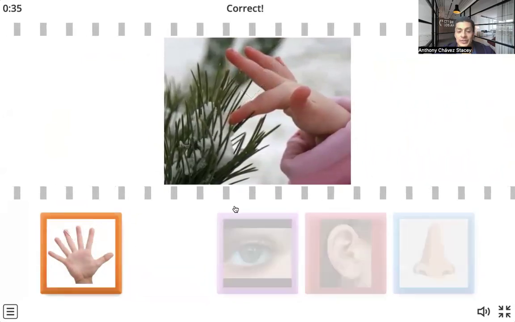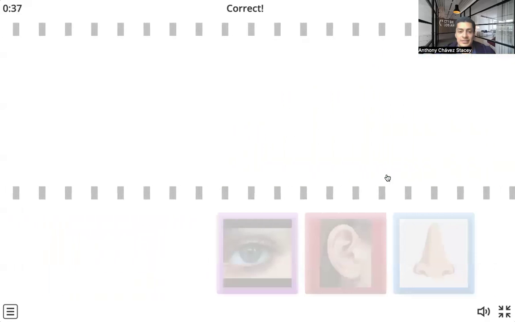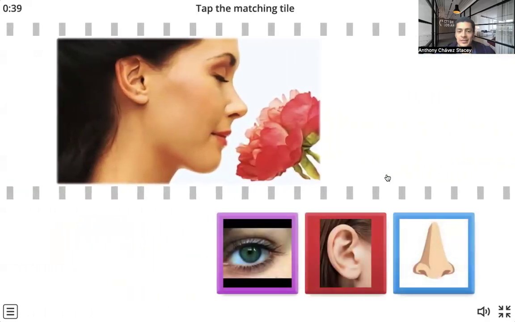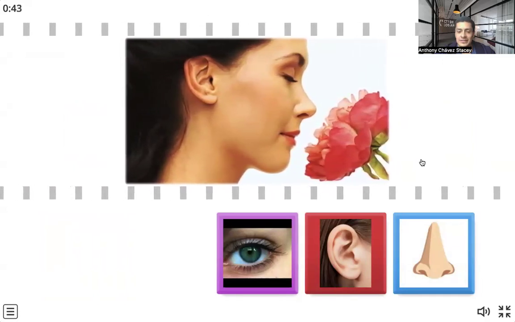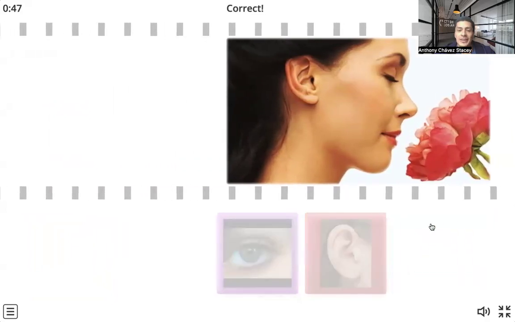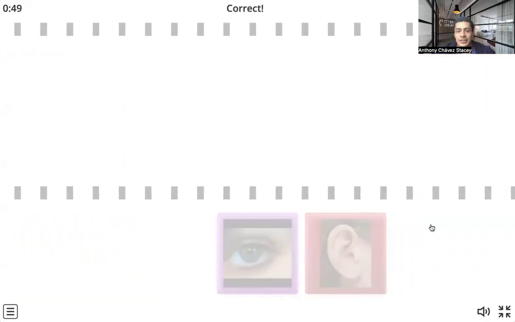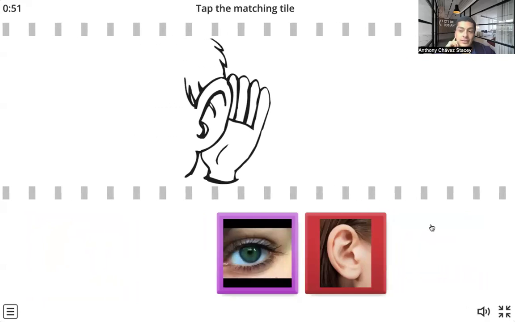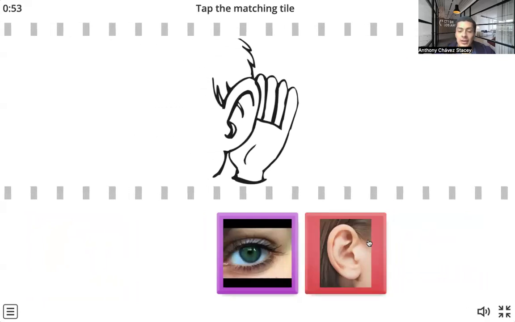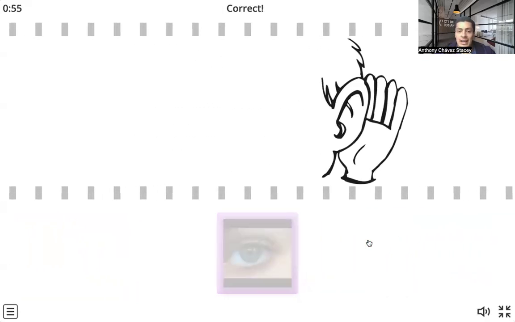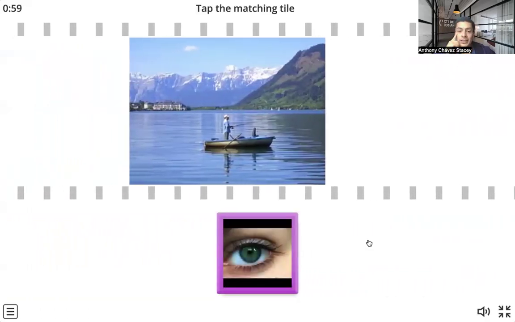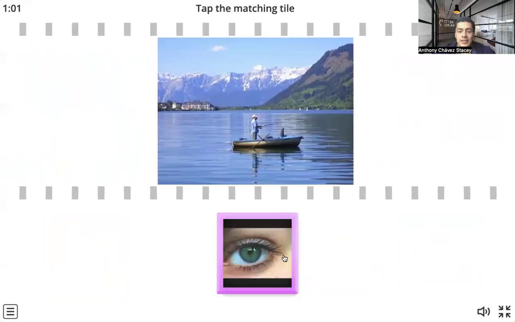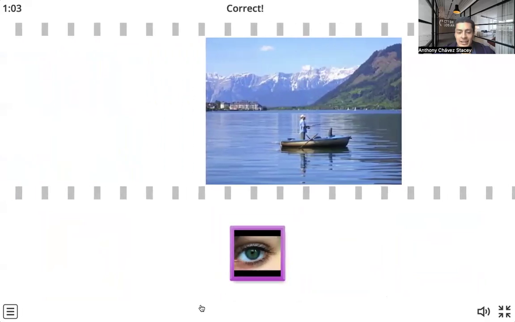That'll be touch. Which is the sense? Smell. That's good. What about this other sense? Hearing. And the final one will be sight. Excellent.